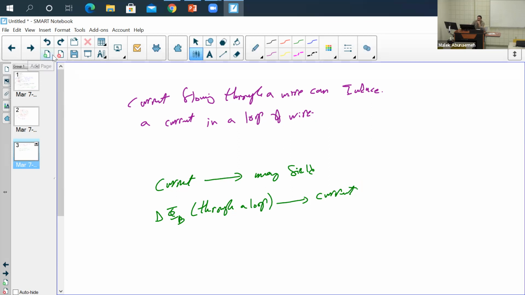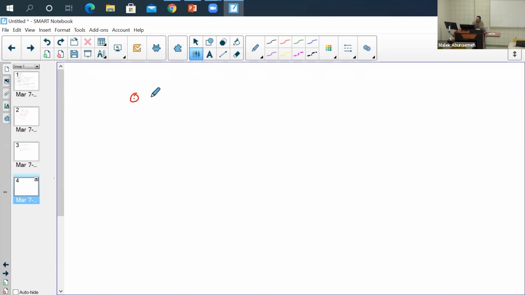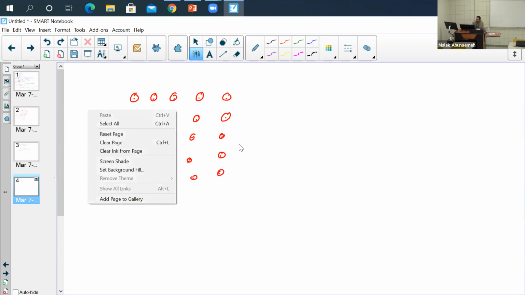So let's say, let me go ahead. Let's say these are magnetic fields and they're coming out towards the screen. So they're going towards you. So these are the arrows going in towards you.